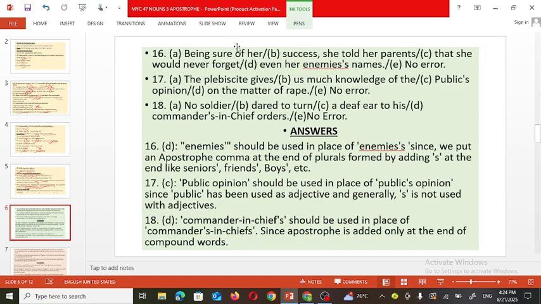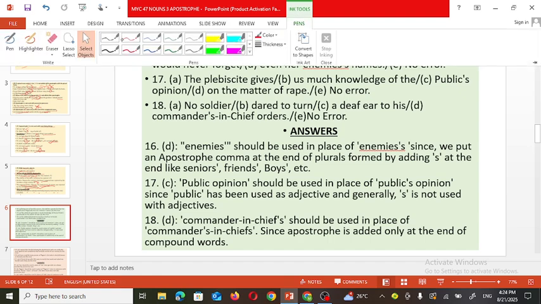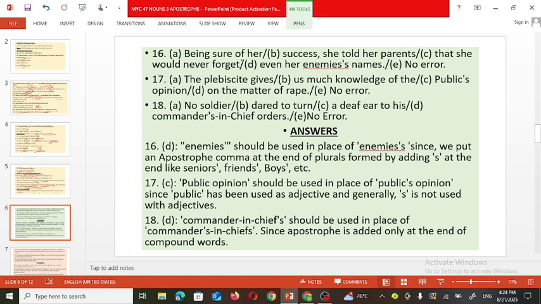Now let's use this knowledge and identify where the error is in the sentence. "Being sure of her success, she told her parents that she would never forget even her enemy's name." If you observe the last part of the sentence, "enemies", that word itself ends with s.